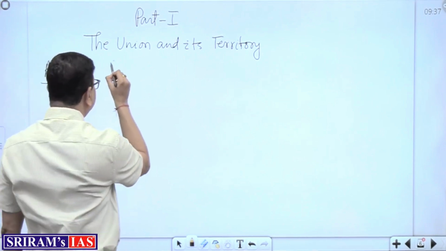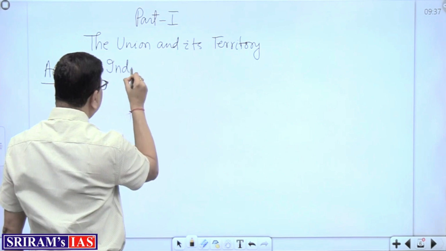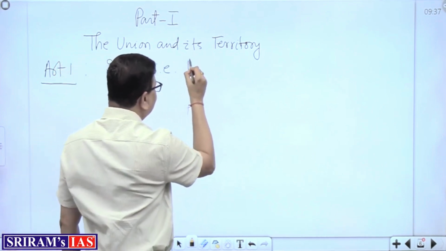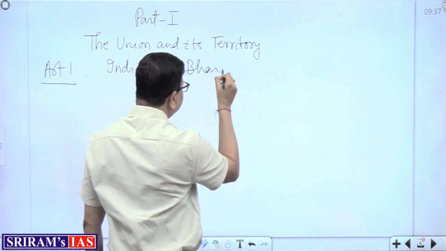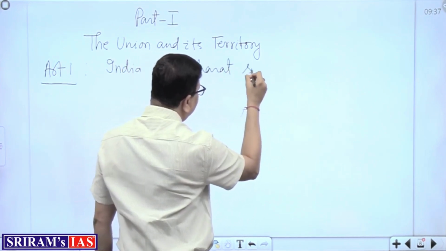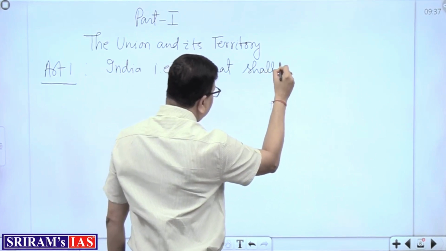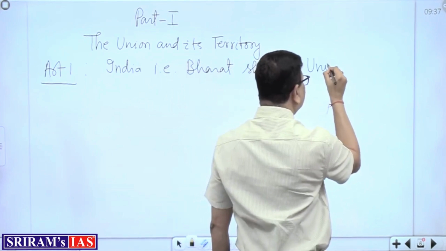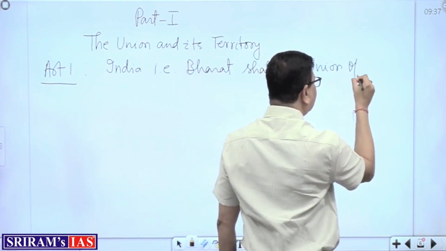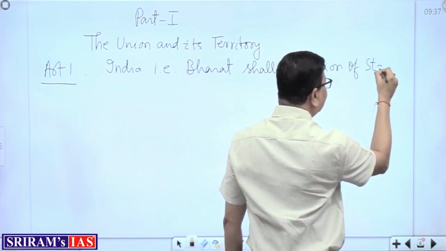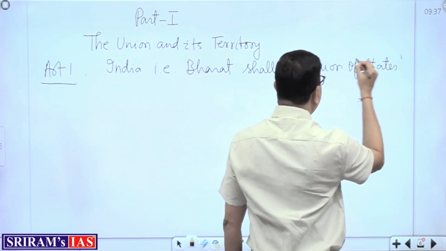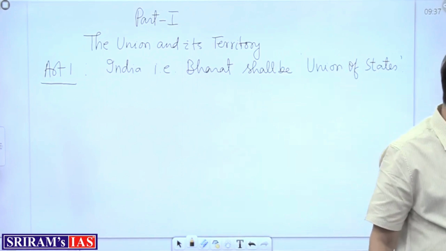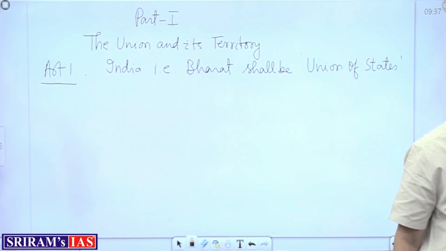Article 1: India, that is Bharat, shall be a union of states.